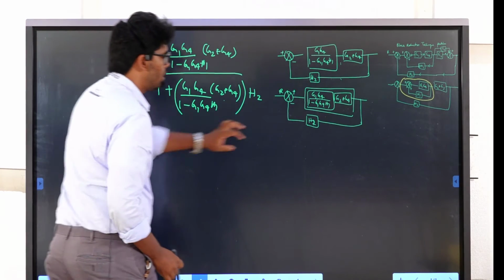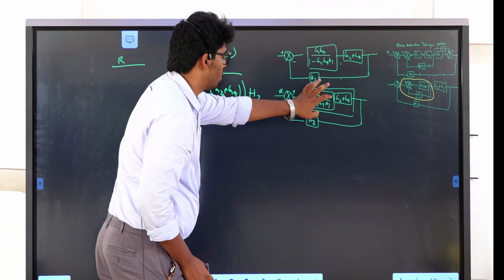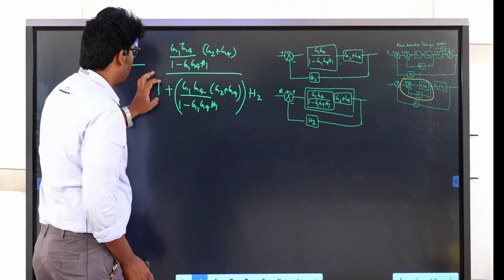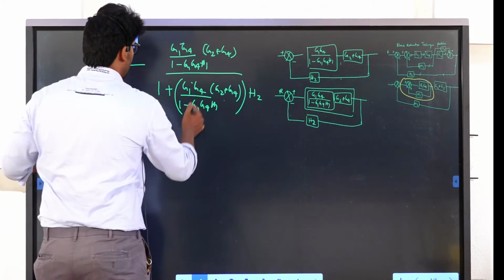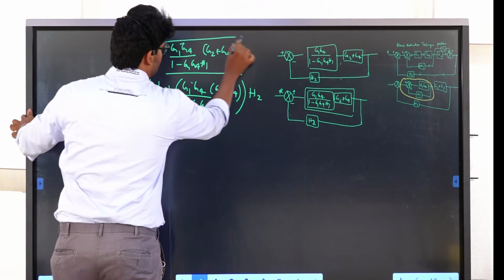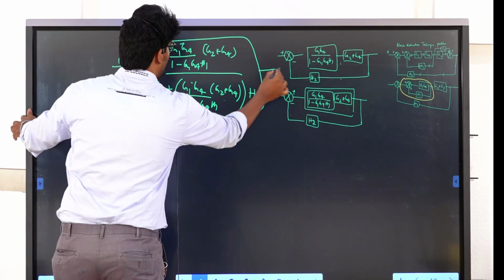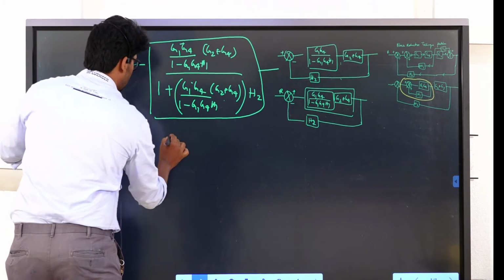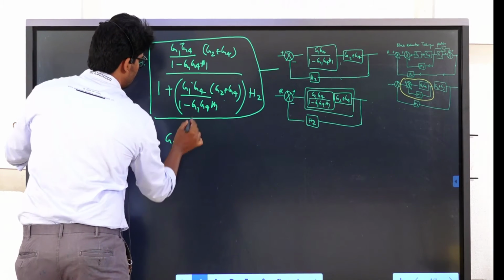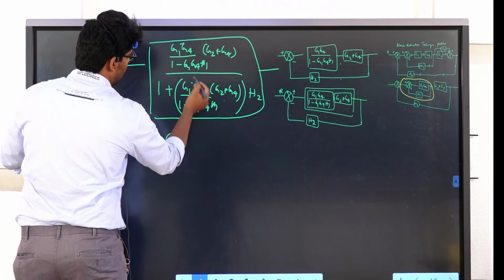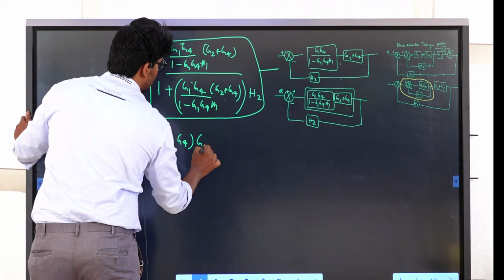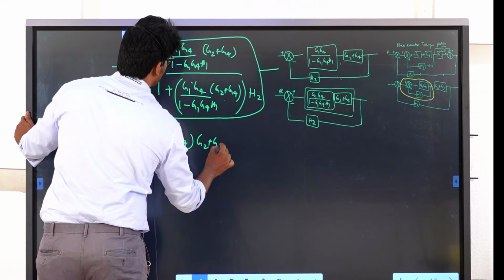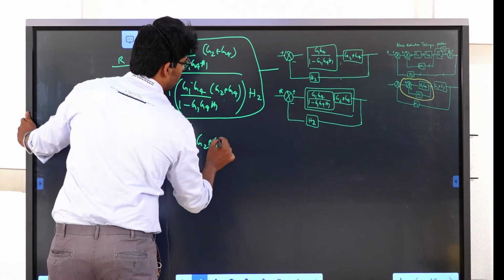This is G of S, this is H of S, so the formula is G of S over 1 plus G of S into H of S. Further multiplying, we get G1 G4, and the 1 minus G1 G4 H1 terms get cancelled, leaving G1 G4 into G2 plus G3.